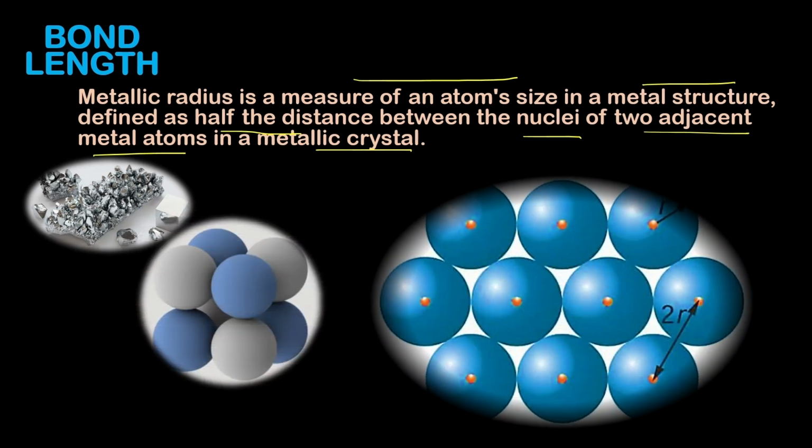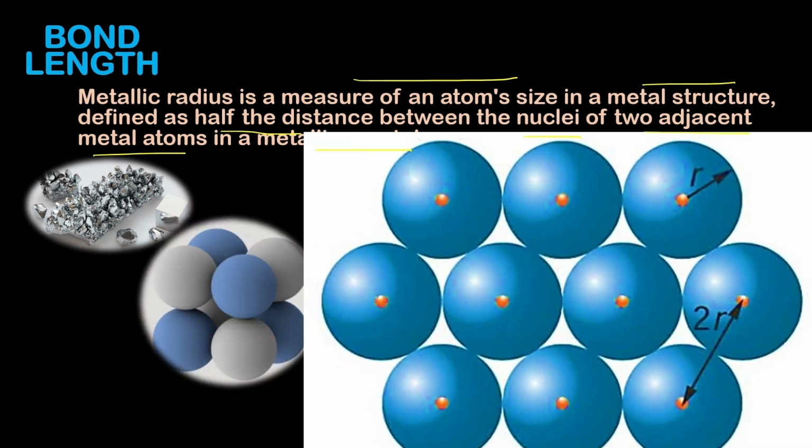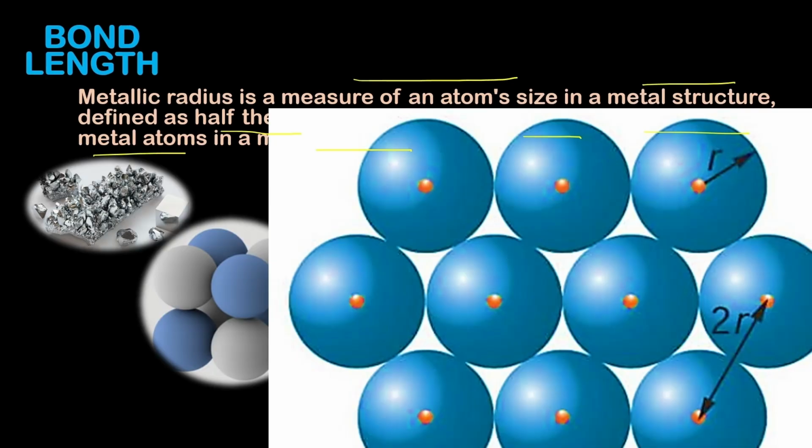What do we see? We can see that the metal atoms are literally touching each other, showing us the internuclear distance in this case. Now, half of this internuclear distance is what we term as the metallic radius, MR.